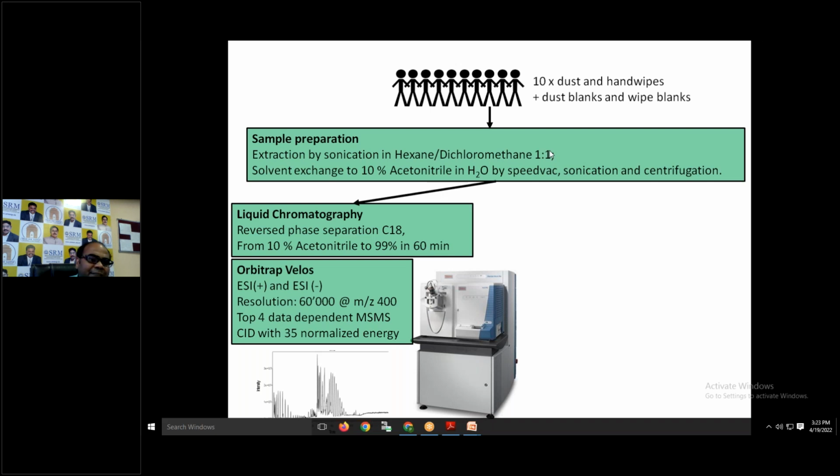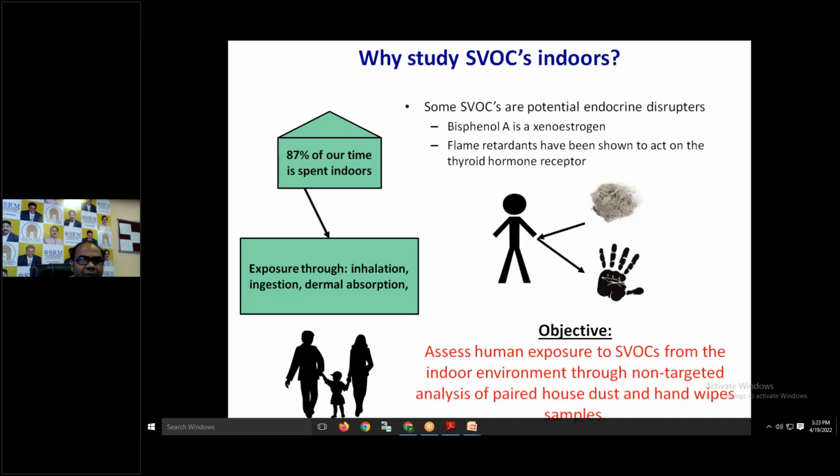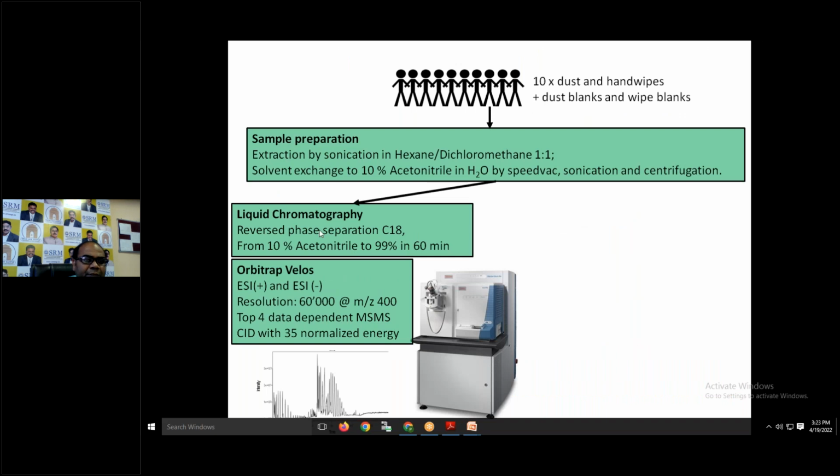Then we inject into, as you can see here, liquid chromatography LC, meaning HPLC, equipped with a reverse phase C18 column. For the mobile phase we generally use 10% to 90 or 99% acetonitrile in a 60 minute runtime.